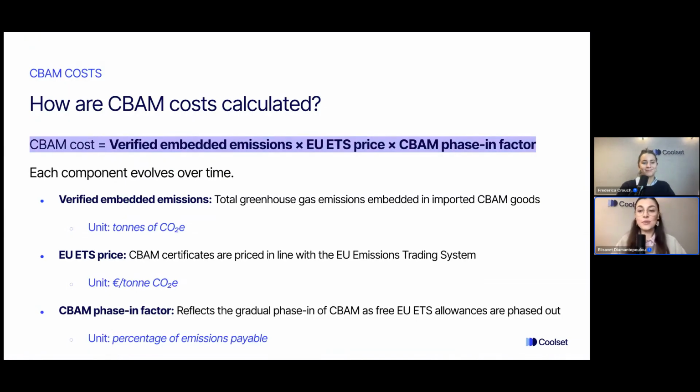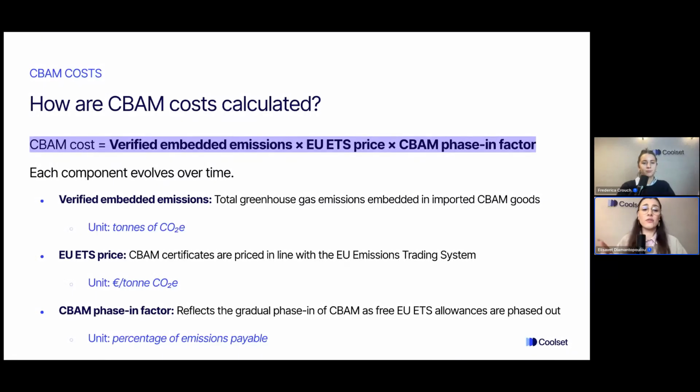The baseline calculation, and of course that's an oversimplified version of it, is that the CBAM cost comes out of the emissions that you got from your suppliers. You got some emission factor which you multiplied with your volumes, of course. Then you multiply this with the price of the EU ETS system at that point in time. And then you also have to multiply it with the CBAM phasing factor, which will lower a bit the emissions that you have to pay for.